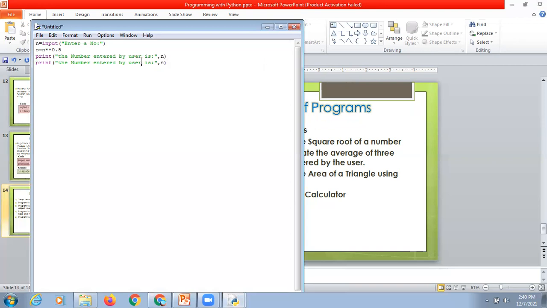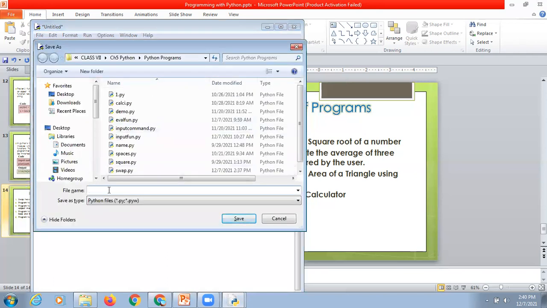The square root of the number is S. Save it. I'm saving it with the name SQRT, square root.